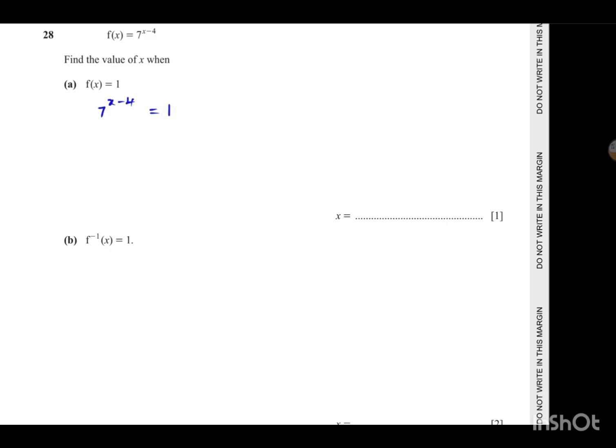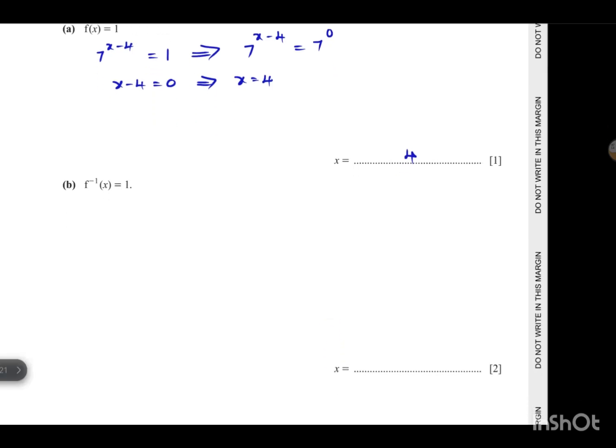Whenever you see an exponential question where the base and power is there and on the other side there is 1, you can simply take instead of 1 the same base with power 0, because any number to the power of 0 is always 1. Now when you see that the bases are same, you can equate the exponents. So x minus 4 is 0, then x will be 4.